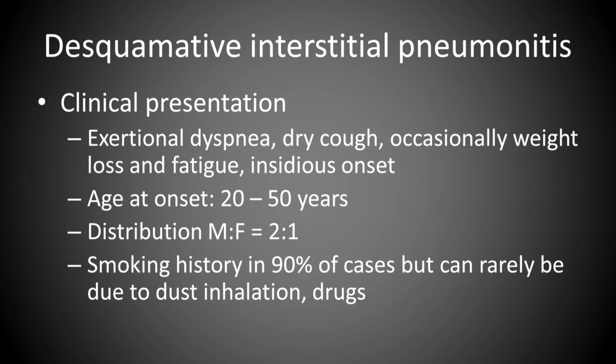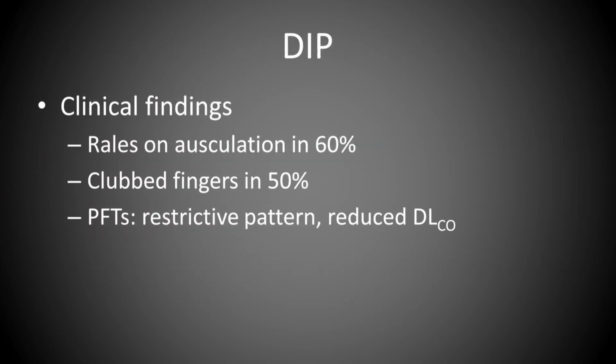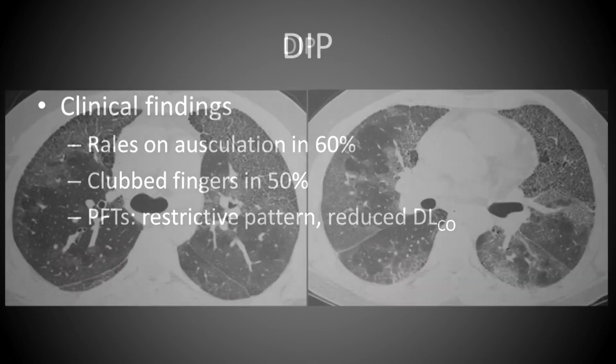Smoking history is present in 90% of cases, but you can see this type of appearance with dust inhalation or some drug exposures. Clinical findings: rales on auscultation in 60%. About half of patients will have digital clubbing. PFT is, again, a restrictive pattern. So unlike the patient who has centrilobular emphysema, who is going to have an obstructive pattern, in DIP you're going to have a restrictive pattern and a reduced diffusion capacity for carbon monoxide.